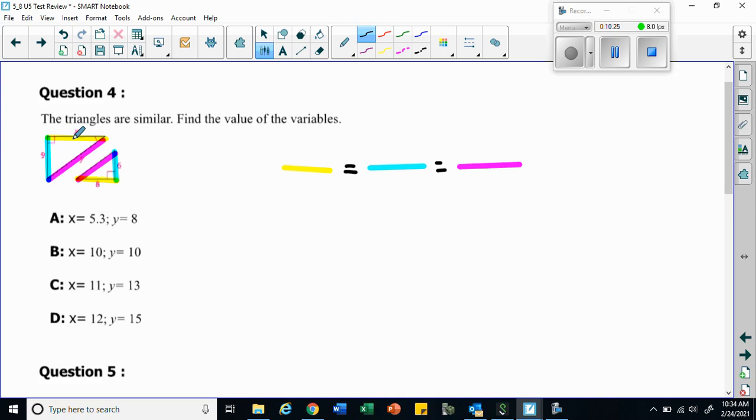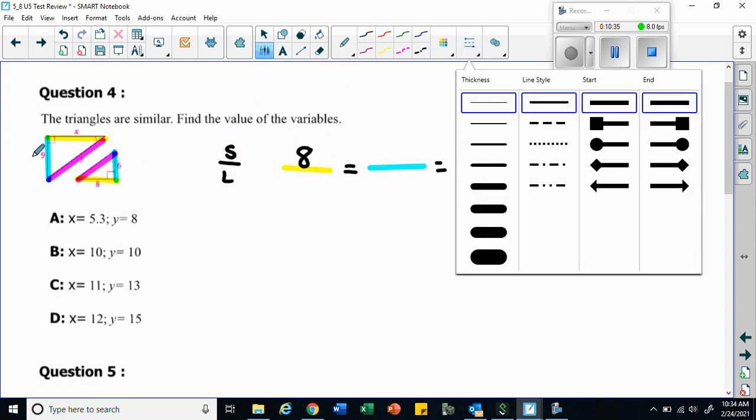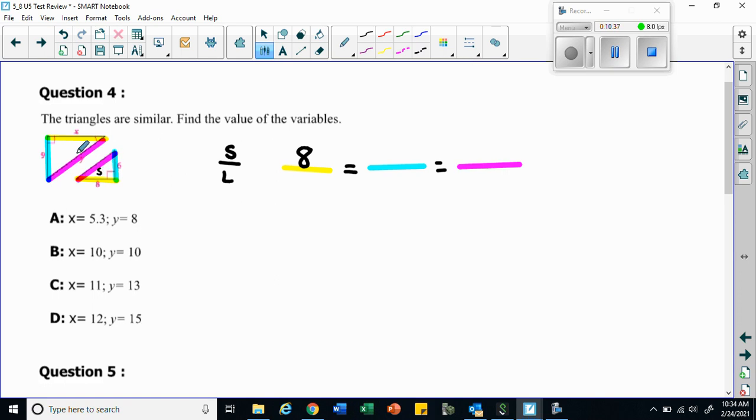So the yellow with the yellow is going to be 8. I'm starting with the small, so my small is on top and my large is on the bottom. This is my small triangle, and this is my large triangle. So my yellow with my yellow is 8 over x. My blue with my blue, I'm going to do 6 over 9.